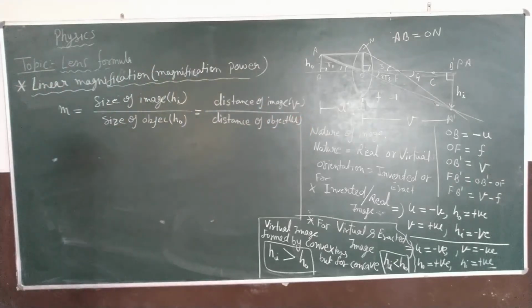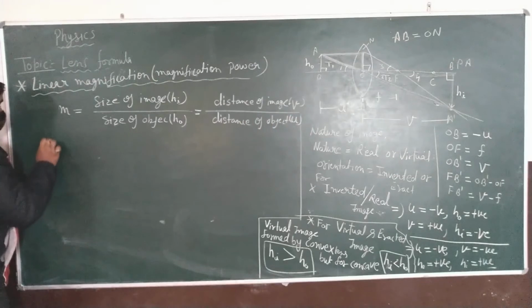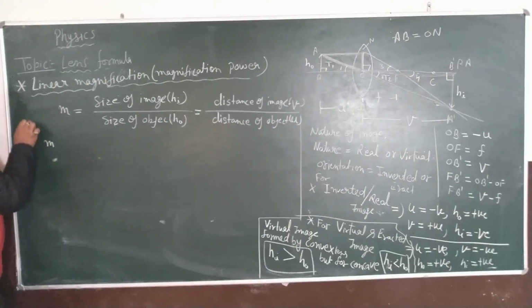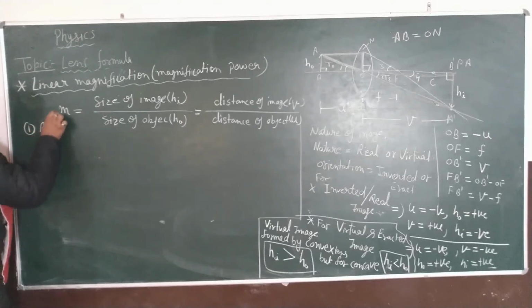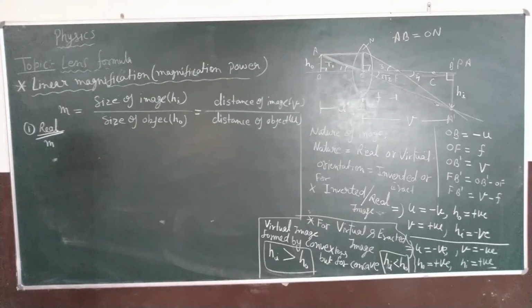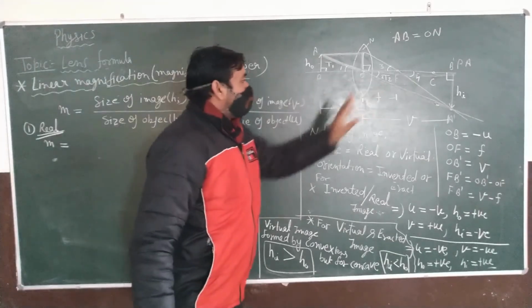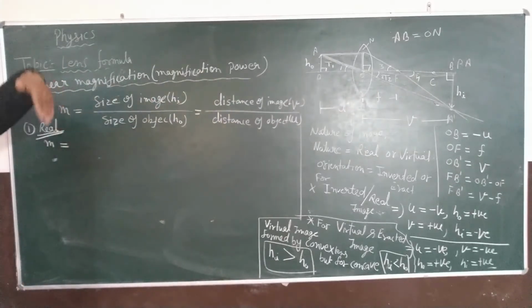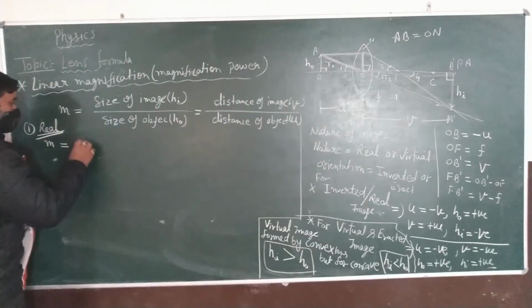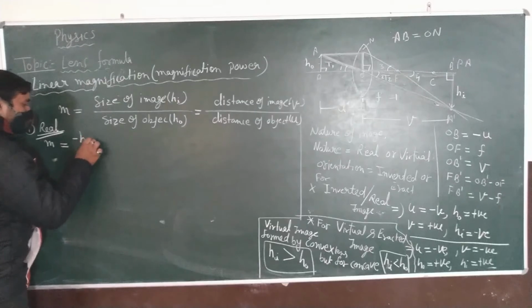Clear? Now this m we are taking here for the real case, for a real image. This m is equal to, as in the figure, the height of the image is inverted downward, so it is minus h.